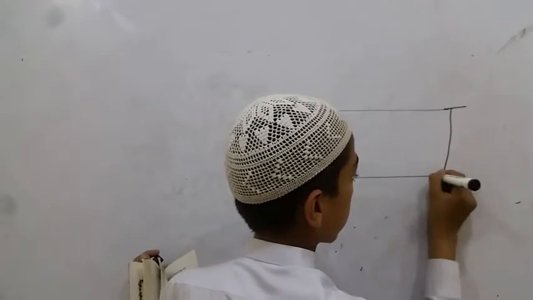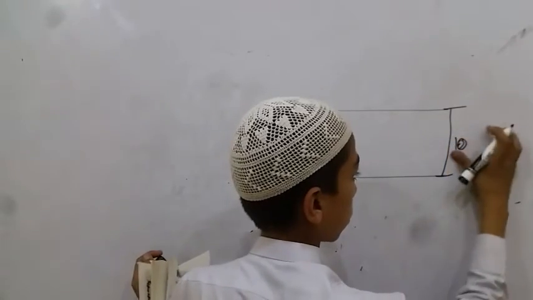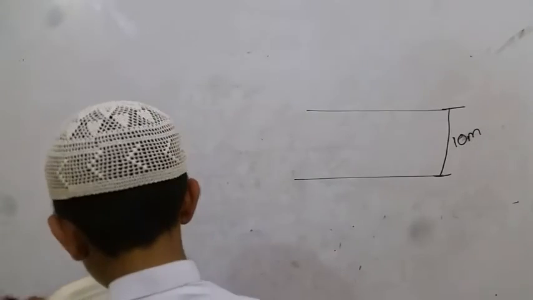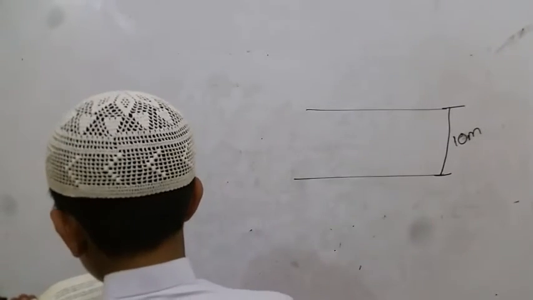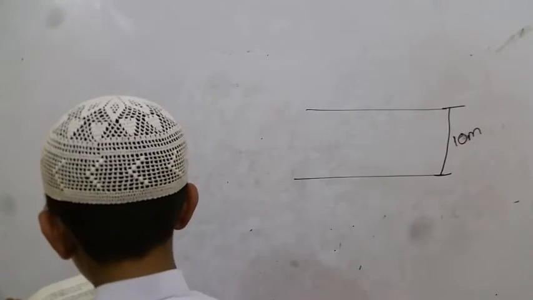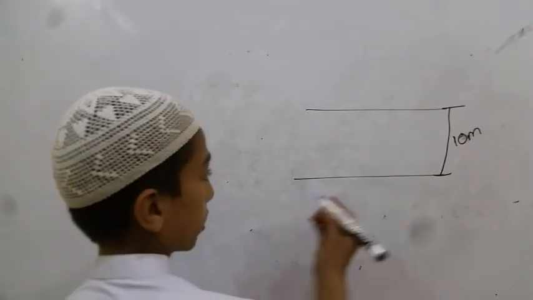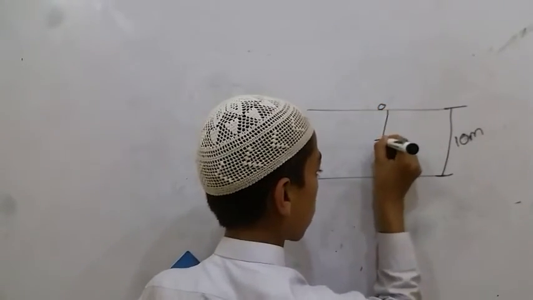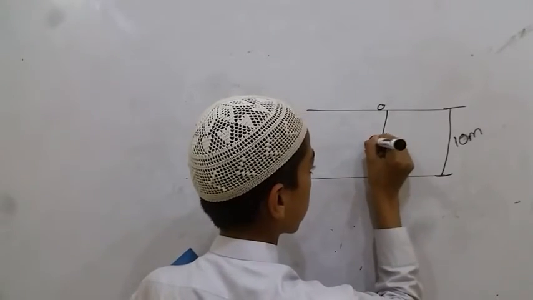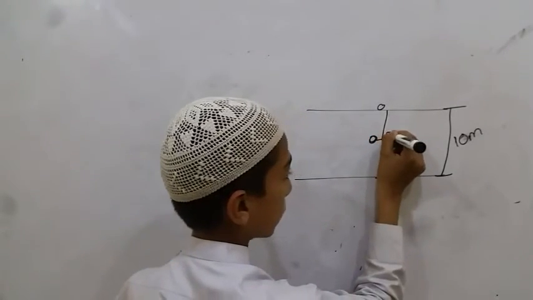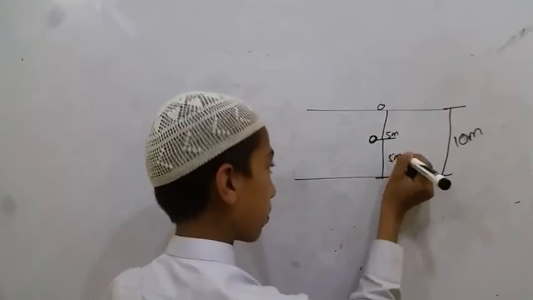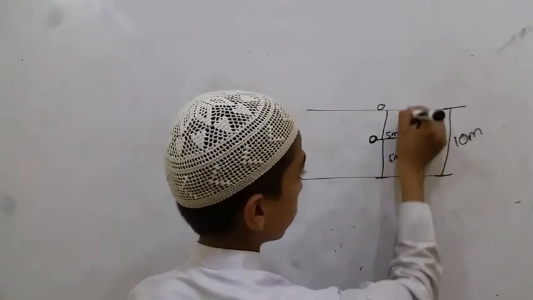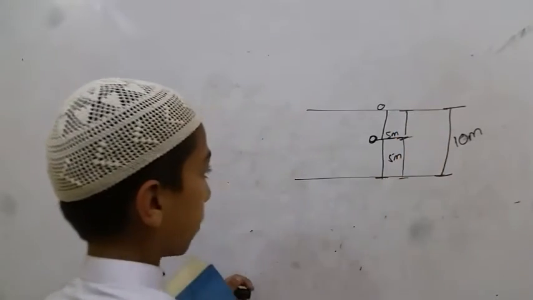This distance is given, 10 meter. Find the speed of the body 5 meter above the water surface. We have to find its speed at this point, 5 meter above the water. If this is 5 meter, then the remaining distance will also be 5 meter.